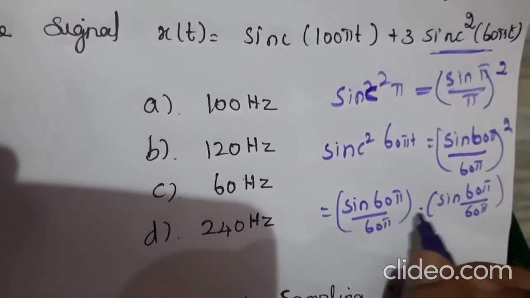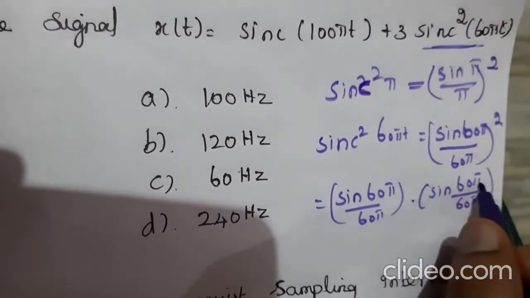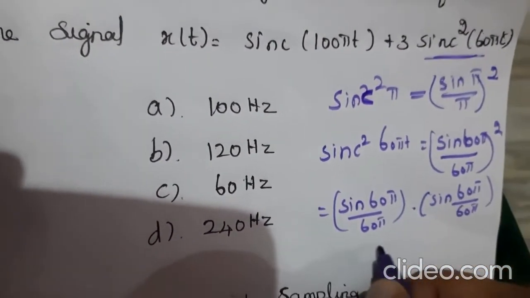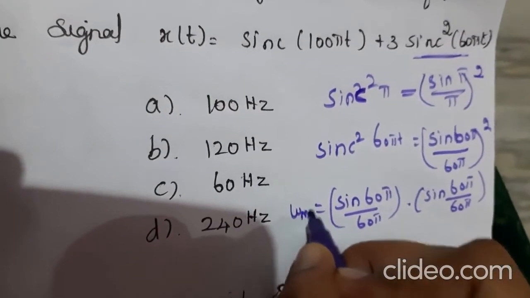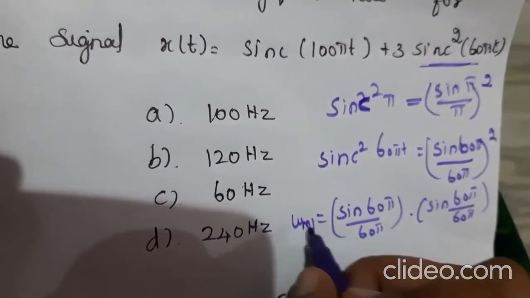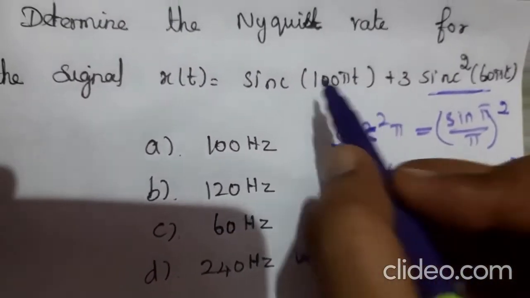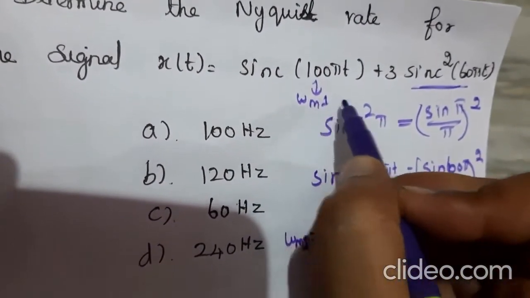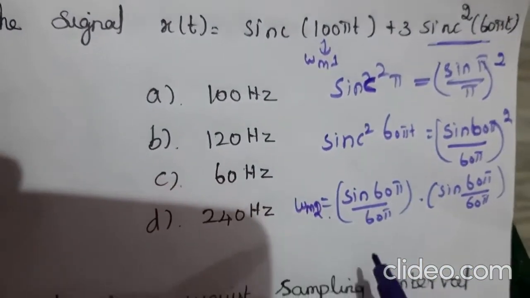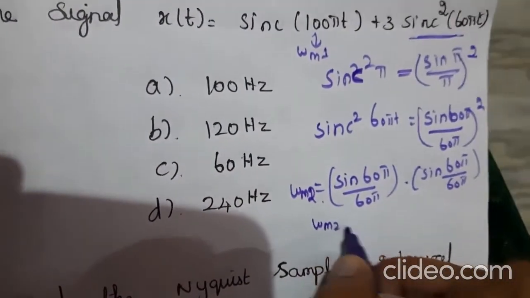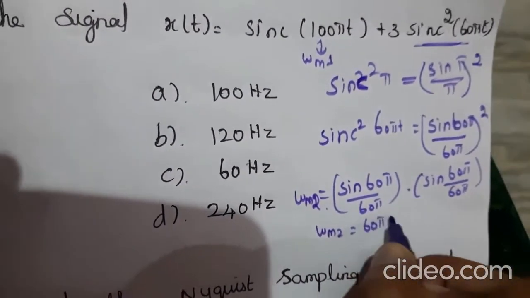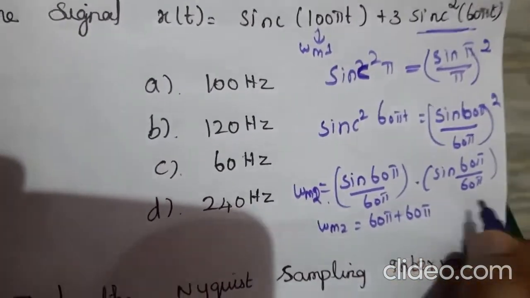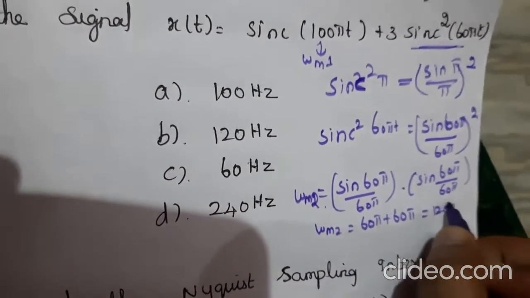So again this is a multiplied signal, so we have to add this to 60 pi. So consider this as 1 and this as 2, omega m1 first signal and this is second signal. So the second signal value here is 60 pi plus 60 pi, so we will get 120 pi.